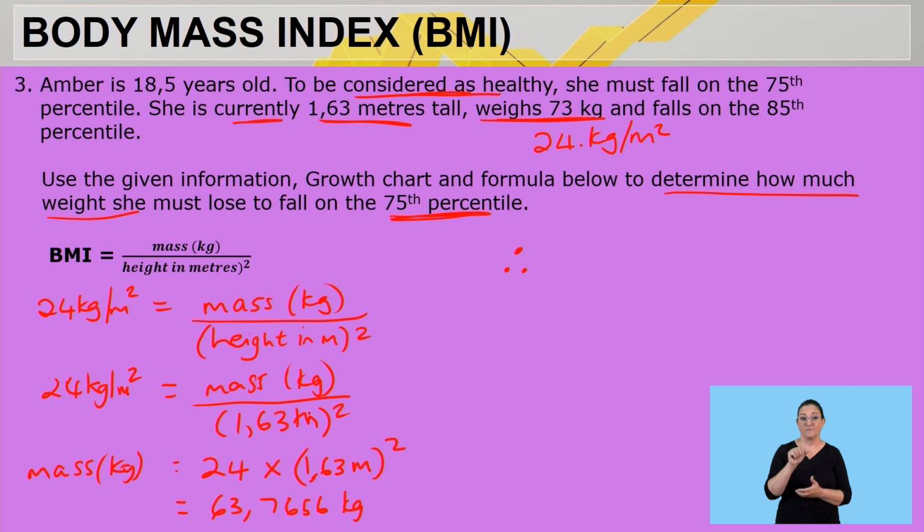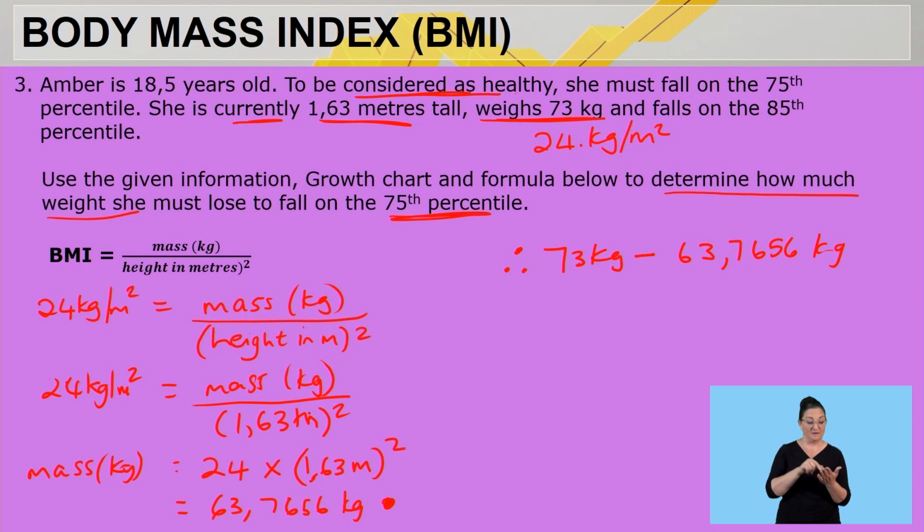In order for her to be considered as healthy, on the 75th percentile, this is what she must weigh. So therefore, I'll take my 73 kilograms and subtract the 63,7656 kilograms.